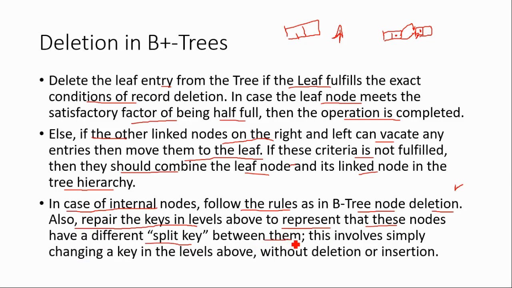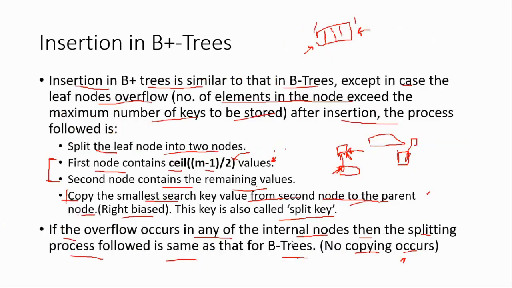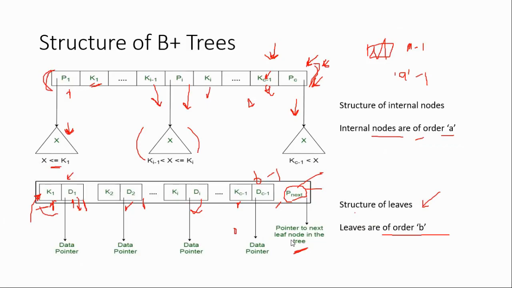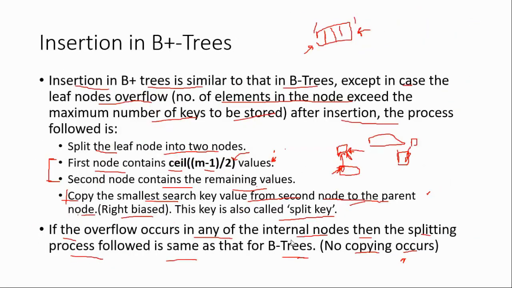Now the split key that we talked about: we copy the smallest value from the second node to the parent node. So we have a copy of the leaf element in the internal node, and this is also called the split key.